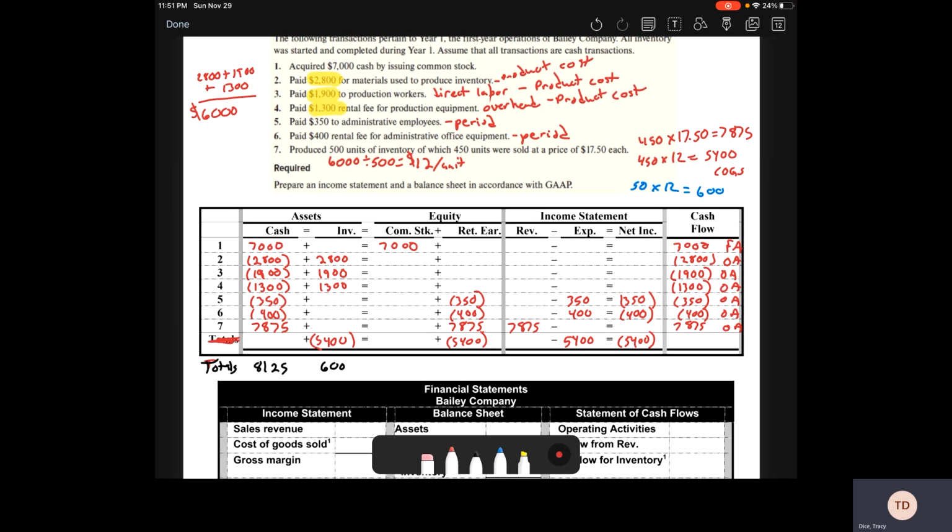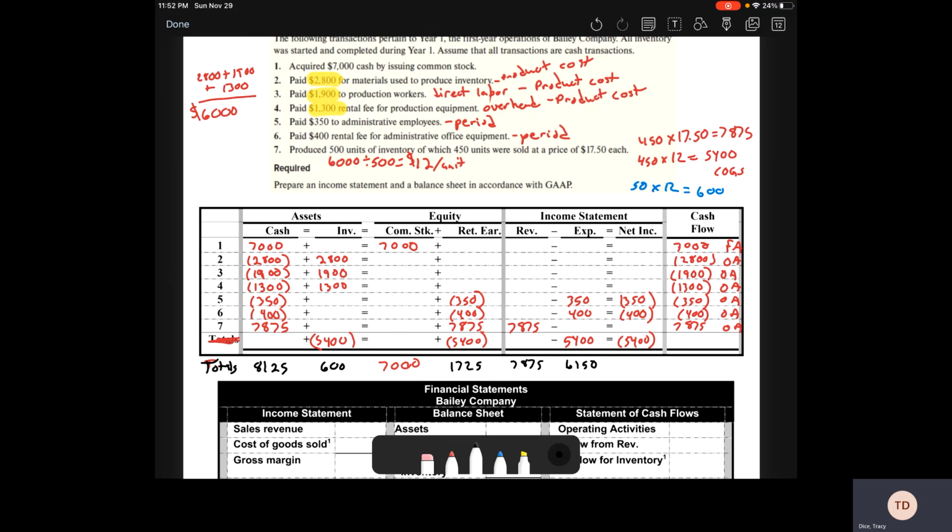So that's correct. Common stock, 7,000. Retained earnings, come up with about 17.25. Revenue, 78.75. Expenses, 61.50.